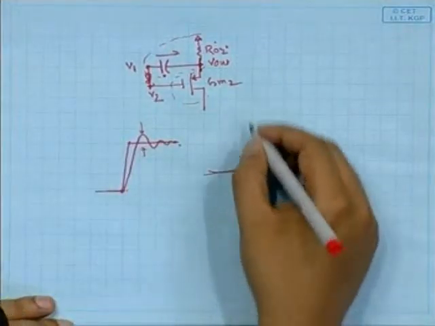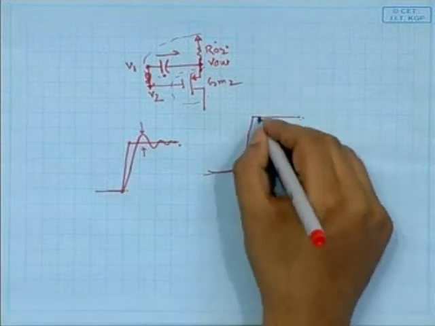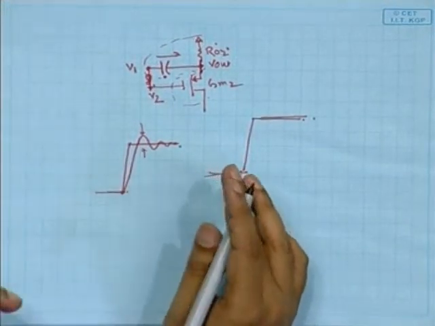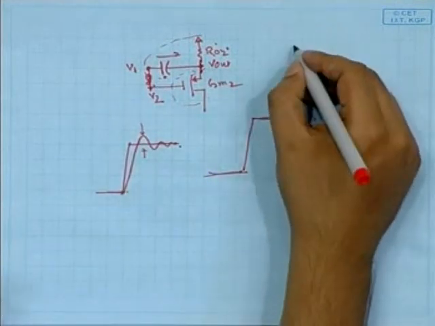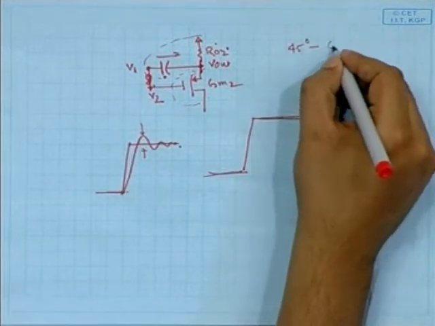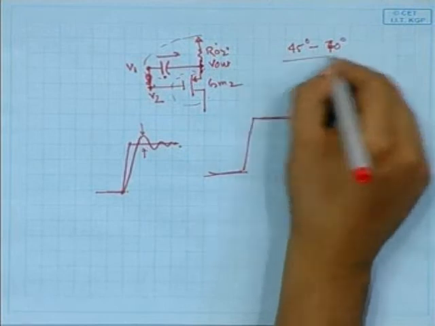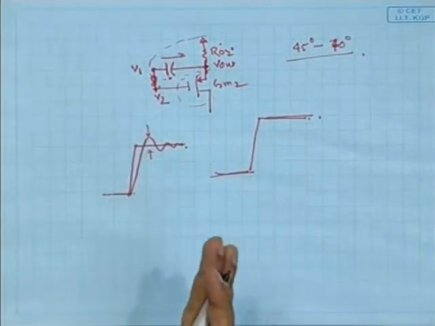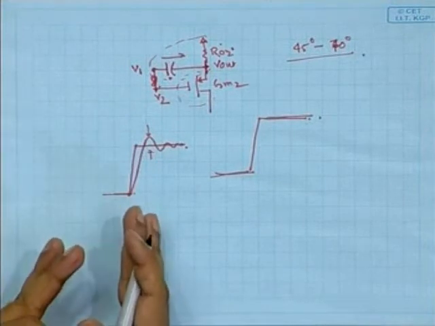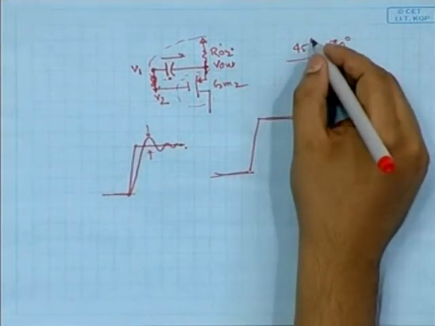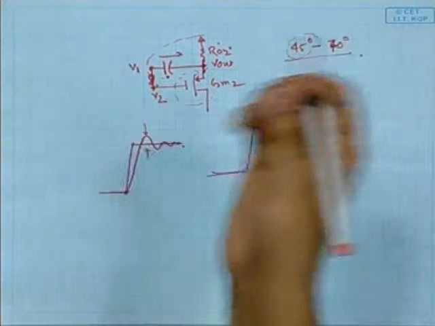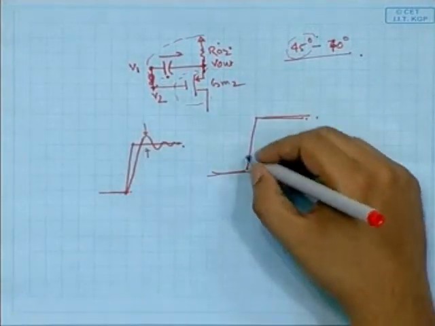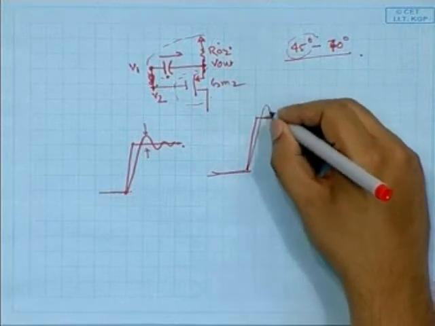For a standard design, the phase margin is kept on the order of 45 degrees to 70 degrees. Depending upon the specific application, if you keep it at 45 degrees phase margin by choosing the value of Cc, it will actually take a long time to settle.